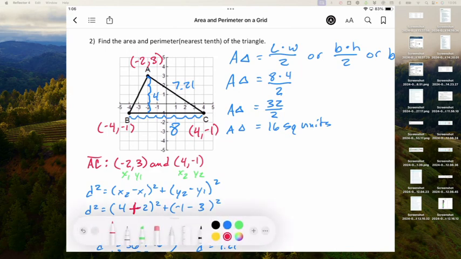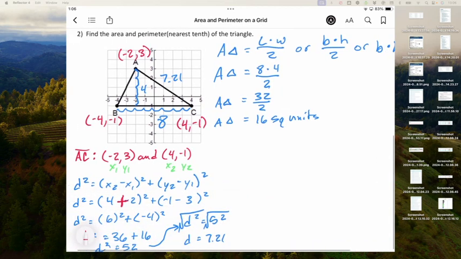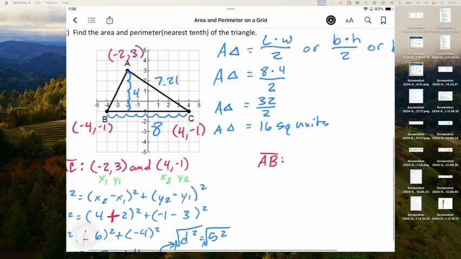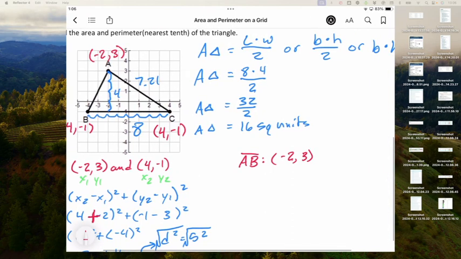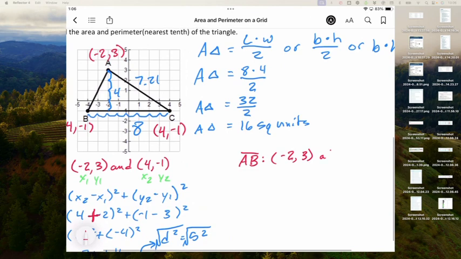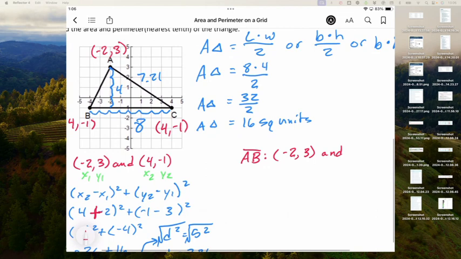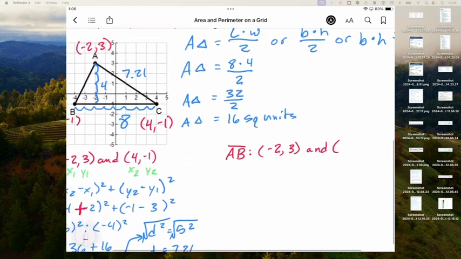And now I can decide what I want those points to be in terms of x1, y1 for line segment AB. And so we'll have line segment AB, and our first point is A, -2, 3, and our second point B is -4, -1.